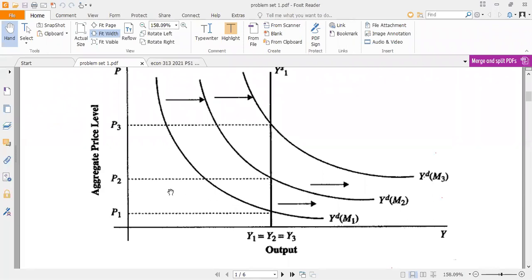What we can see here is that it's only causing an increase in the general price level. So when you increase the money supply, it doesn't change the output level. It only increases the general price level. Now, if we increase money supply again, aggregate demand will shift again, and then price will go up. So if you want to change the output level, then changing the money supply won't be of any help.